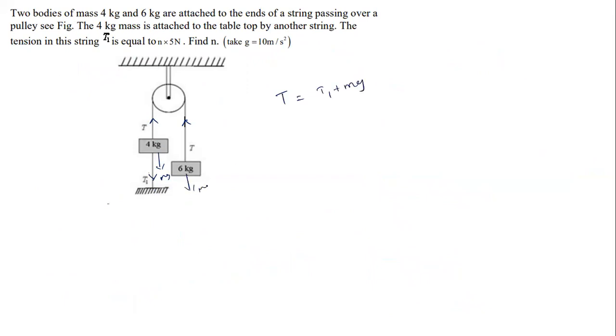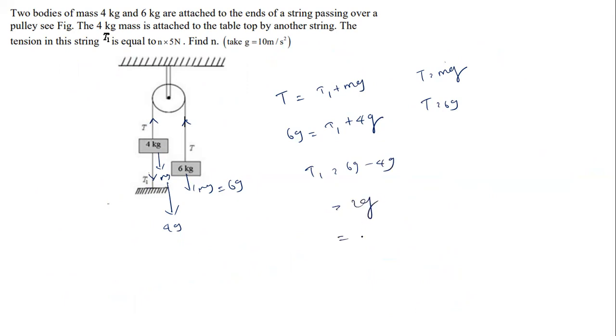From this diagram, T is equal to mg, mg means 6. T is equal to 6g from this one. And this mg is 4g. So 6g is equal to T1 plus 4g. T1 is equal to 6g minus 4g. This is 2g. He is asking us to take g as 10, so 20. Clear?